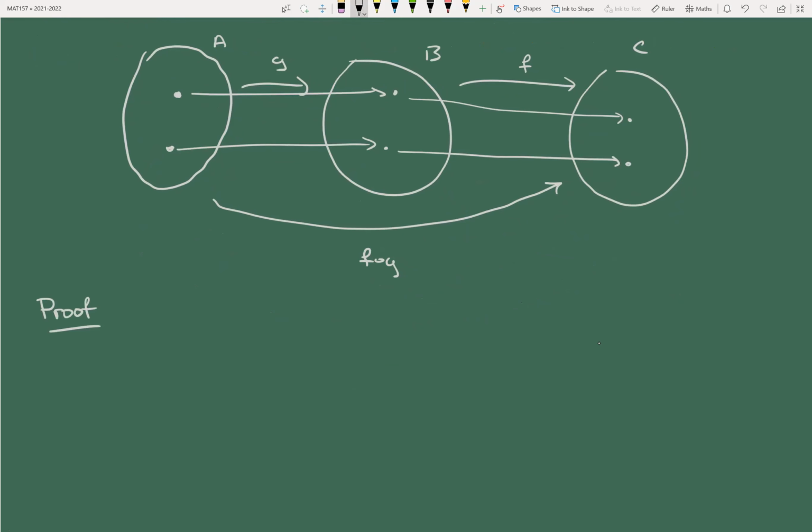So I want to recommend really, especially in these early days, that you take a second and spell out exactly what it is that you know and what it is you're trying to show. Even if you are confident that you know these things in your brain, you should still write them down. You want them in front of you. So we know that F and G are injective.